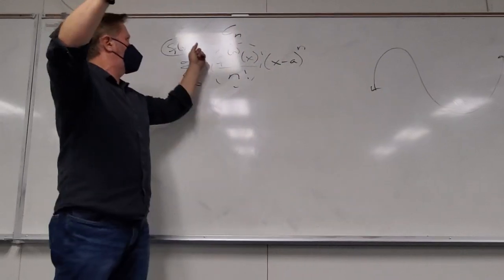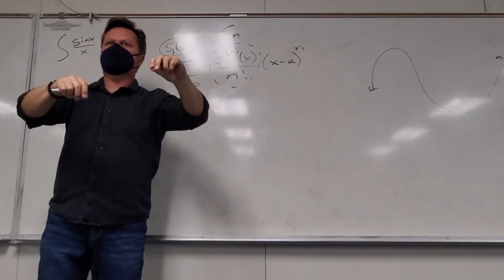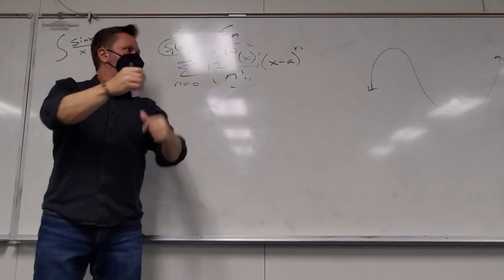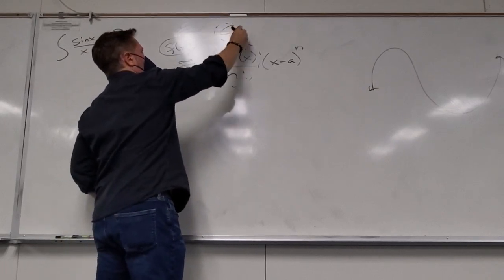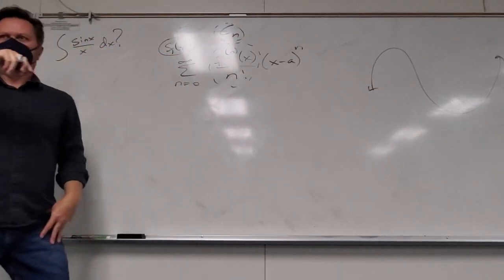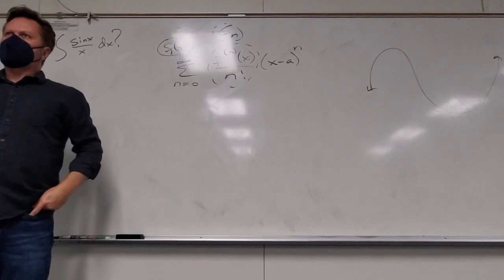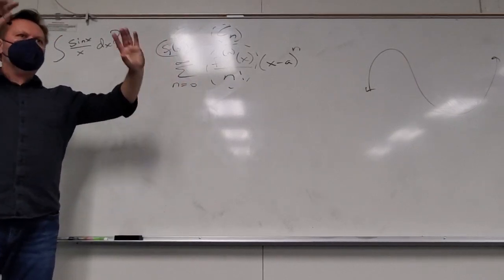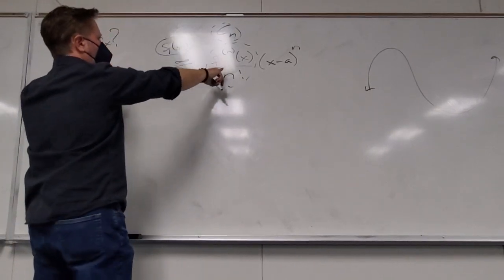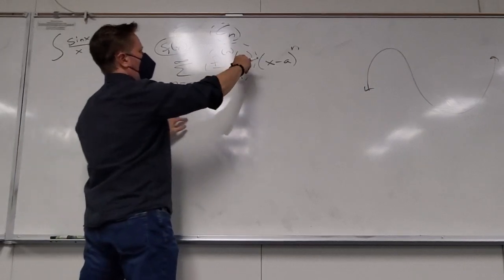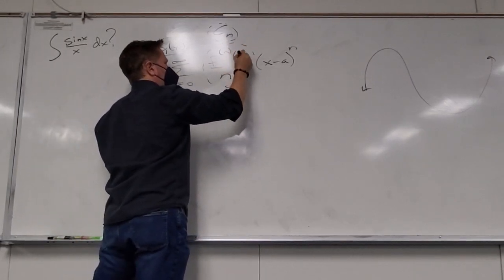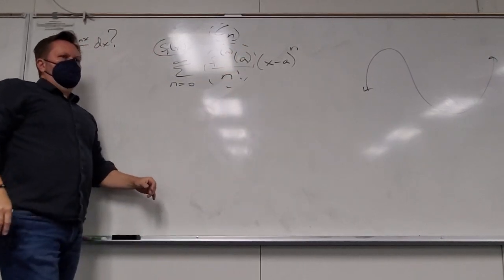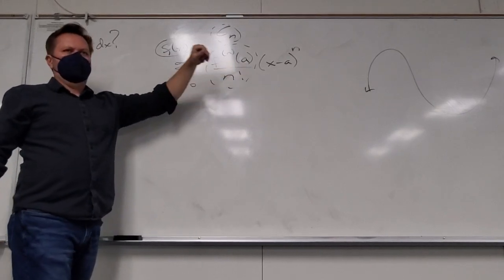I can be given a function and make its series. To do that, I have to figure out what all the c_n's are. So it turns out it's this. I had one little mistake here; put a little a there instead.